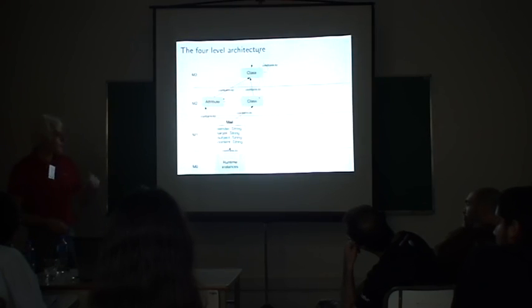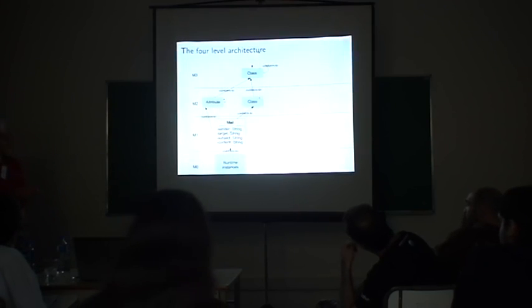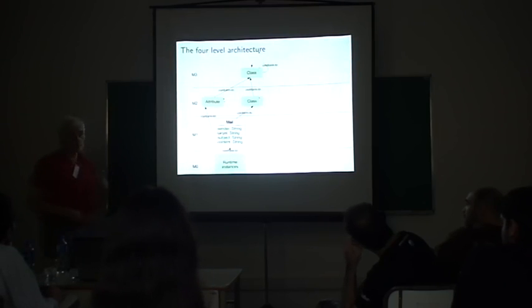Again, in order to describe this language, which is a meta language, you have to provide another model which describes all the concepts that are used at level 2. So this is what we call the meta model, which describes the language that is used at level 2.